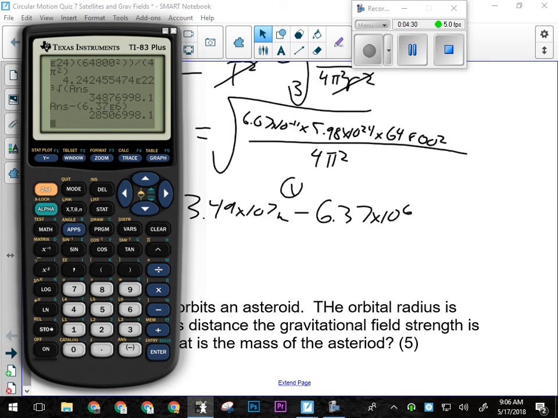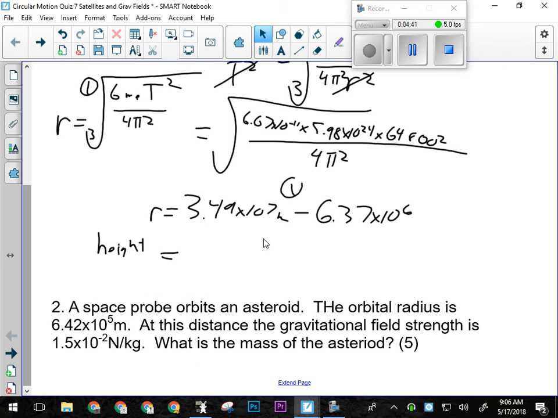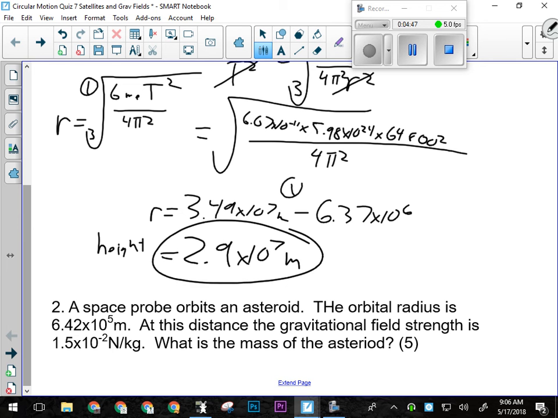All right, so we should get 2.85 times, actually we only have two significant figures here, so it's going to be 2.9 times 10 to the 7. That's their fifth and final mark.